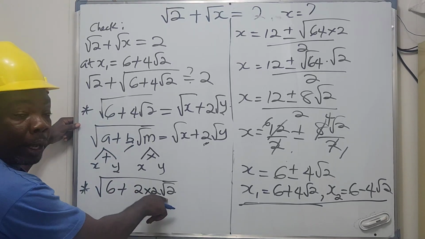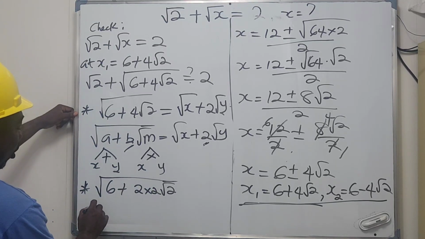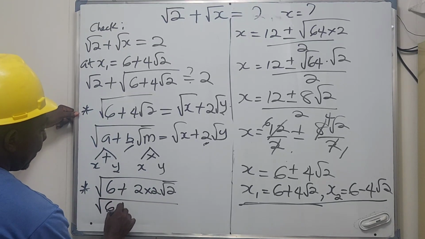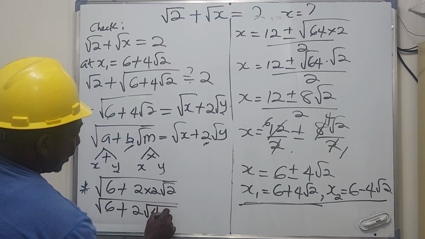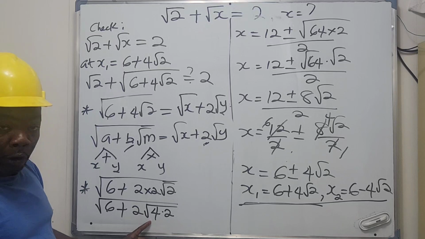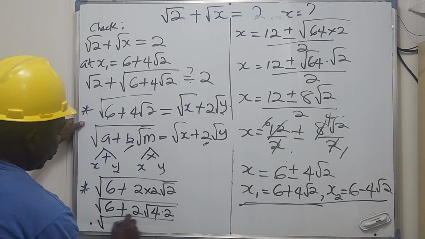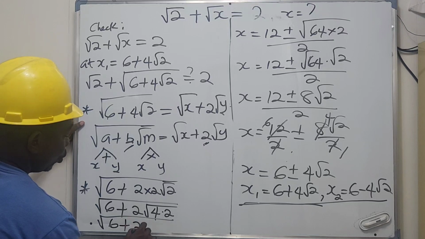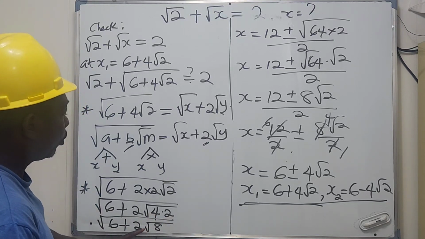When we square that, it will give us 4. So here will become root 6 plus 2 root 4 times 2. That, when we square root of 4 will give us 2. So this will become root 6 plus 2 root 8, because 4 times 2 will become 8.